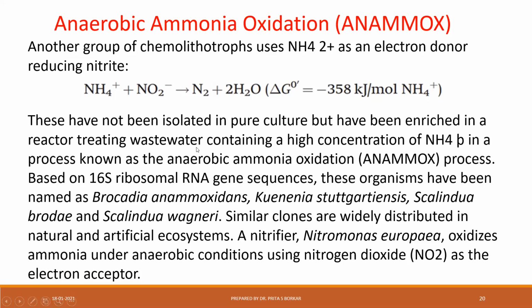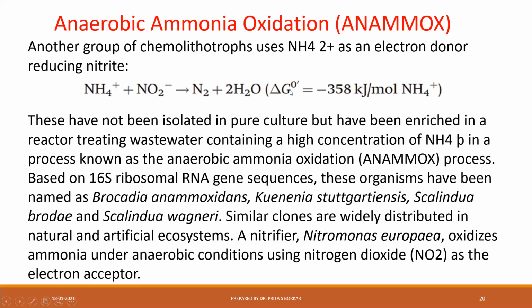Okay. So the reaction carried out is ammonia in presence of nitrite. This is your NO2, nitrite. Ammonia is used as an electron donor. So the two electrons are flowing to the nitrite, and the nitrite is reduced to N2, and two water molecules are given out.